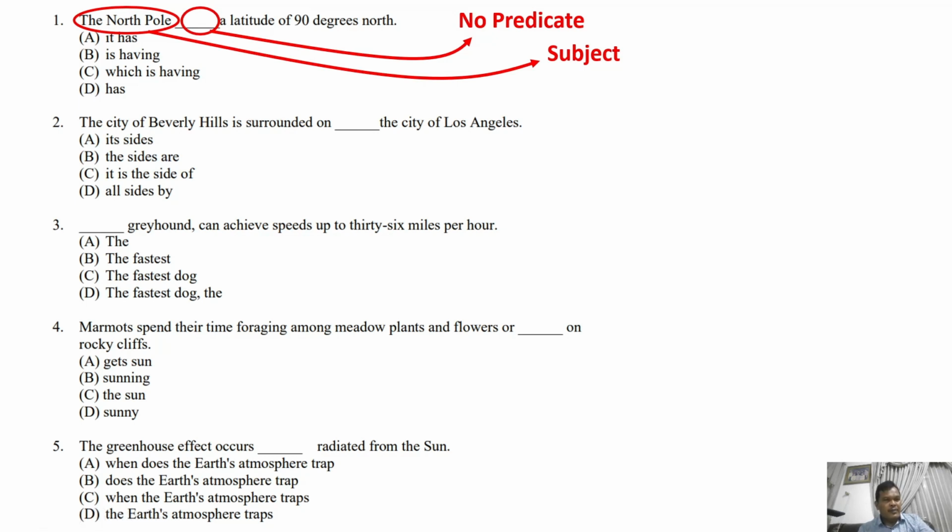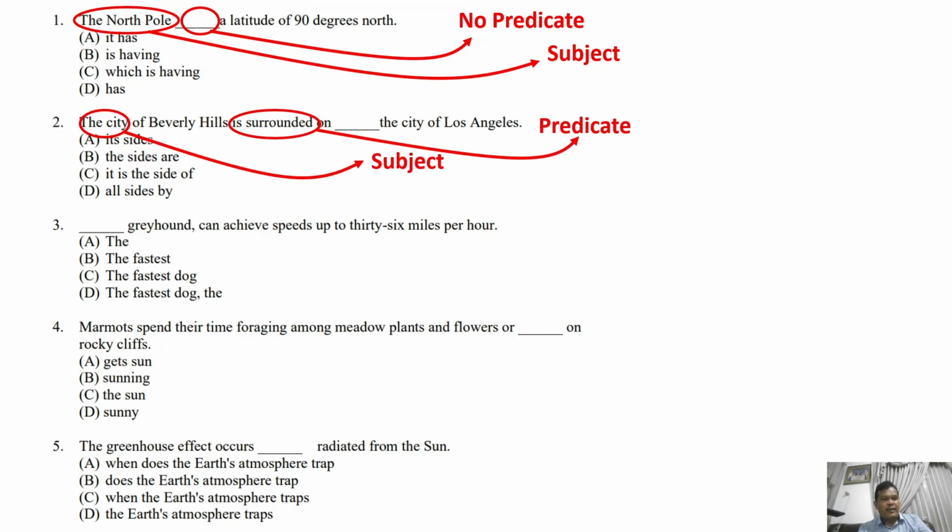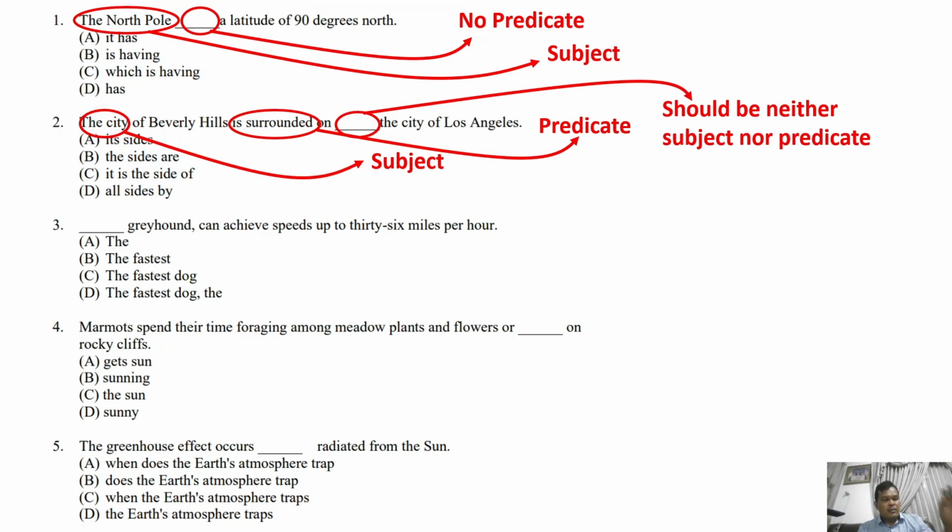Now, let's come to the second question. We analyze whether there is a subject and a predicate in the sentence. The city is the subject, and then we also have a predicate, that is surrounded. So what does it mean? It means that the option that should complete sentence number 2 should be neither a subject nor a predicate.